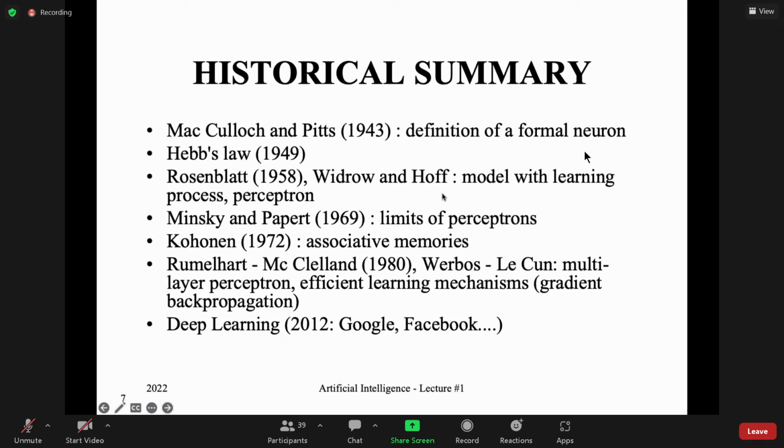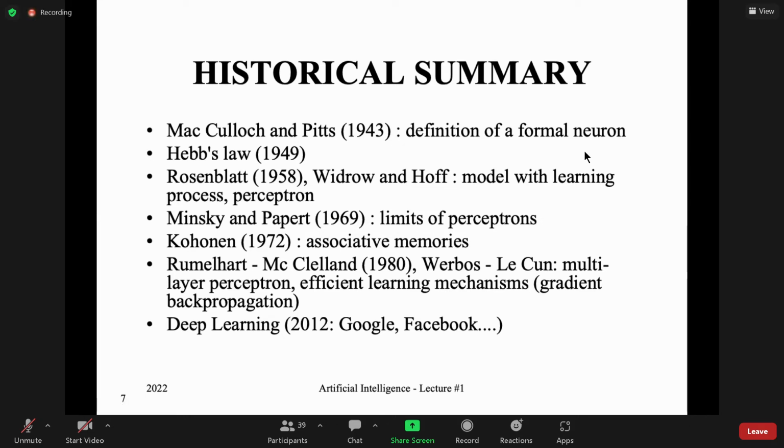Okay, so as I explained before, and we see that again today, there was a problem with the definition of perceptrons, and Minsky and Papert showed in this period that there were some difficulties with perceptrons, which made it very difficult to apply these artificial neural networks to real applications.